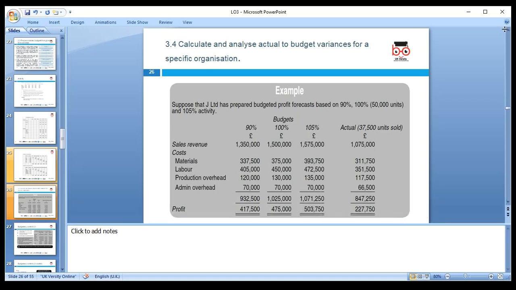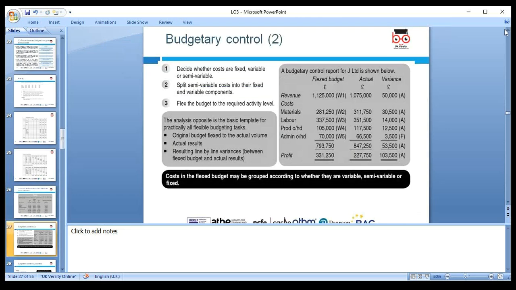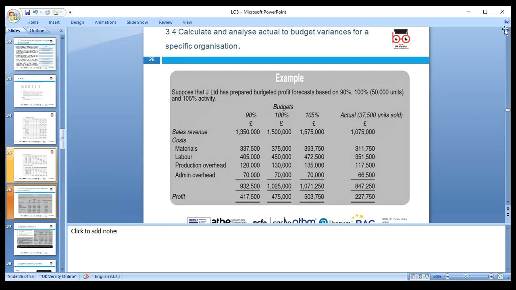So 100% is 50,000 units, and we've been given the unit price at which we can sell it, which I'll go through in a minute with you. So first, 50,000 units times 3, so that's 1,500,000. That's the value in pounds.